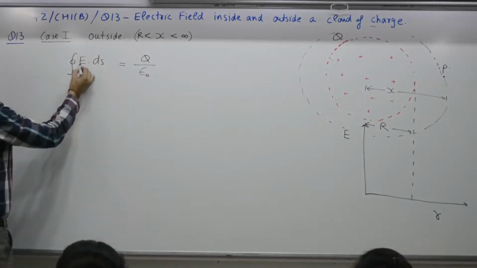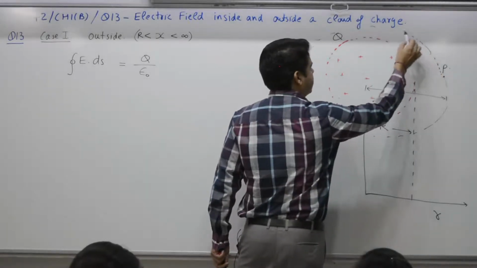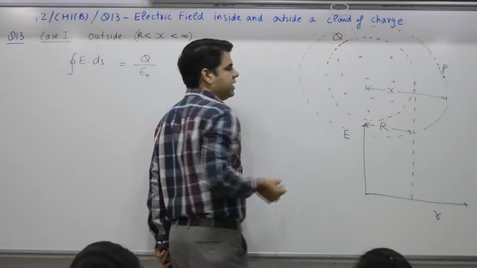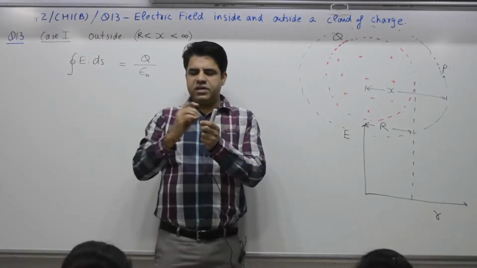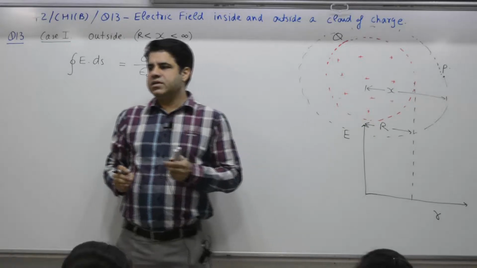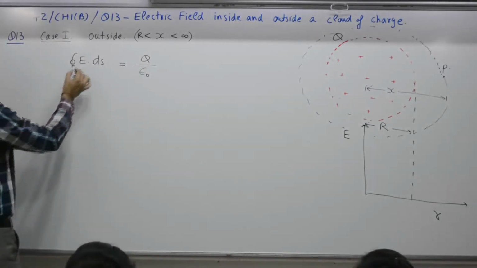Magnitude of E is the same at all points. Why? They are at the same distance. If you have a bulb, 1 meter in any direction, the light flux available is the same. So E is same.